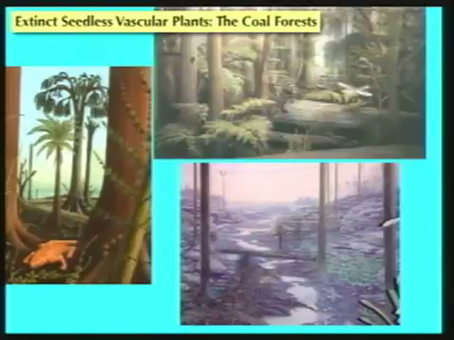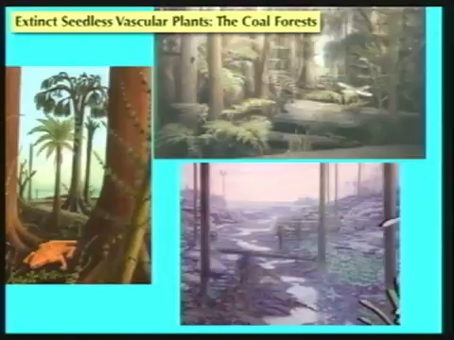Also, these tree lycophytes and tree ferns had a lot of lignin in their tissues, which is also found in wood, but primarily in their bark. They didn't have very much wood. And this allowed them to fossilize easily because lignin is very difficult to decompose, and there may not have even been the appropriate decomposers at this time.